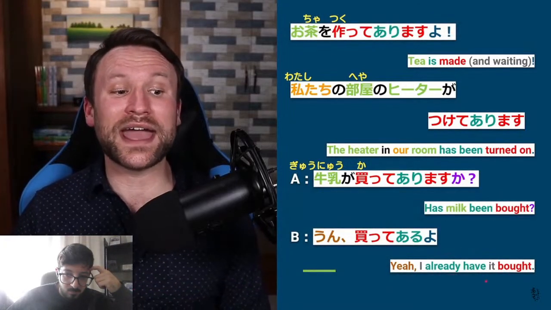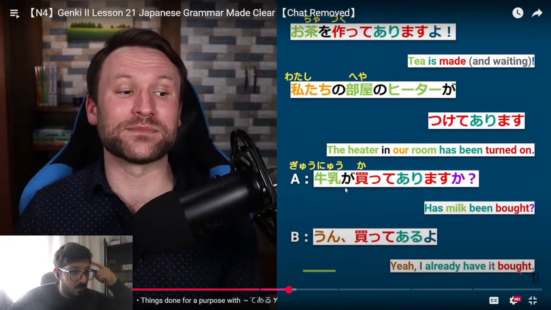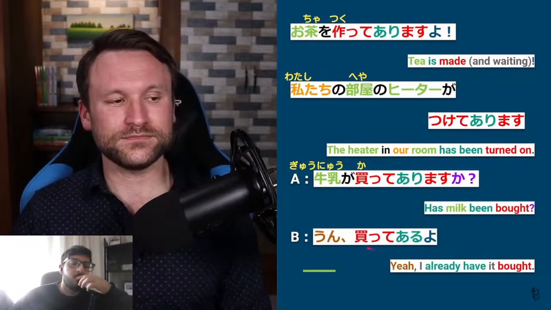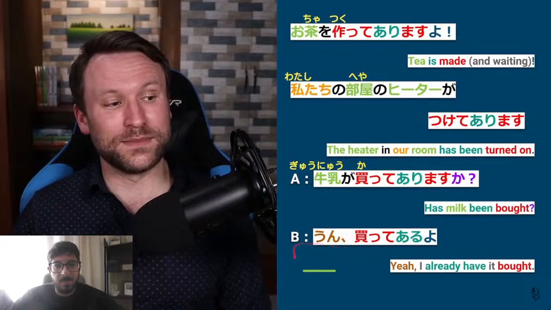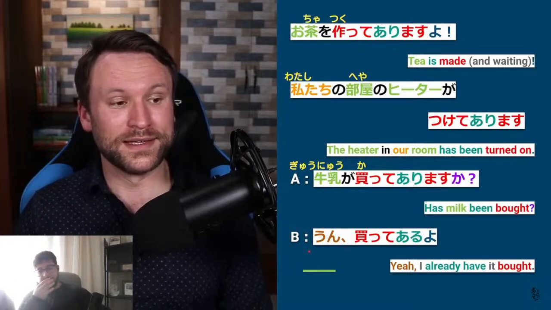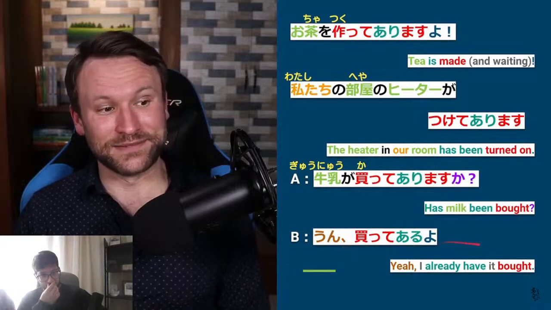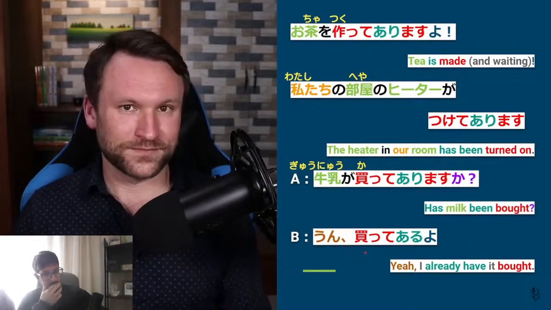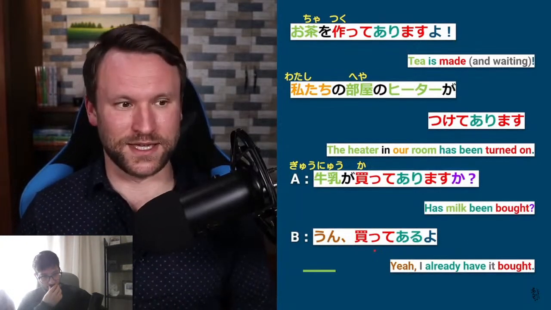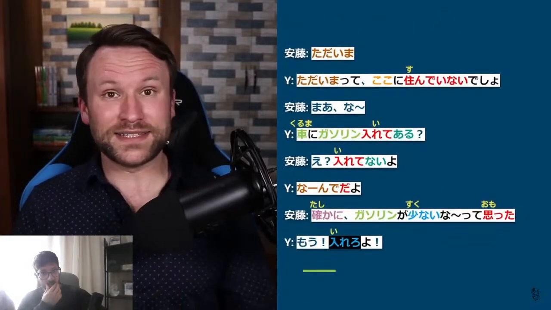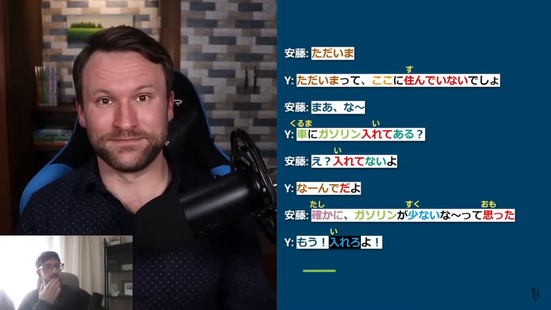Yeah, I already have bought it. But I don't know why. It doesn't necessarily mean that speaker B is the one that did the buying. It just means that this sentence literally means, yes, we have milk. That's what it's emphasizing here. But it could be B that bought it, but that's not what's important. Okay, enough of that. That's literally it. Super simple.